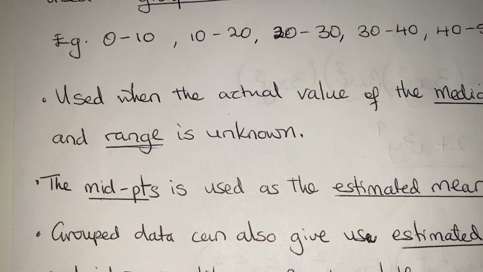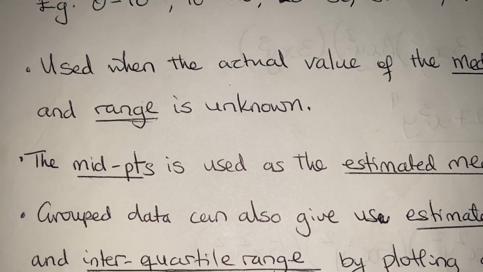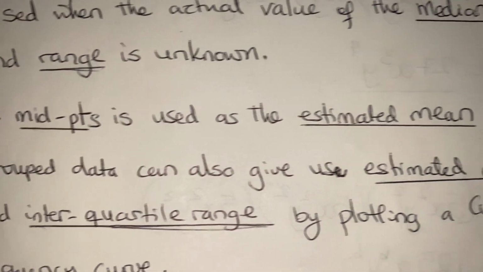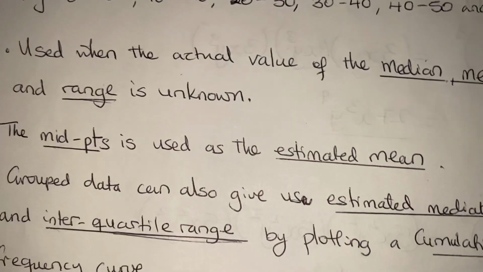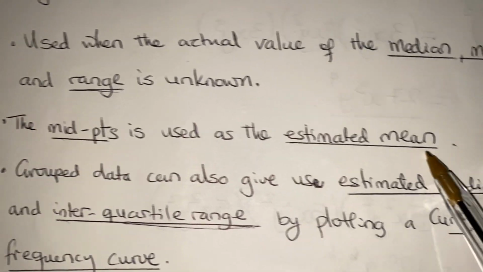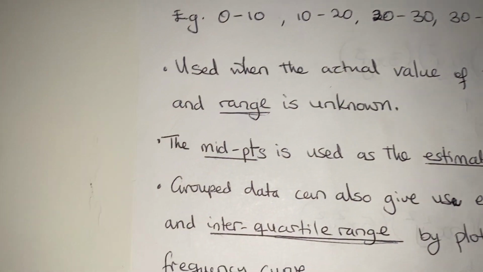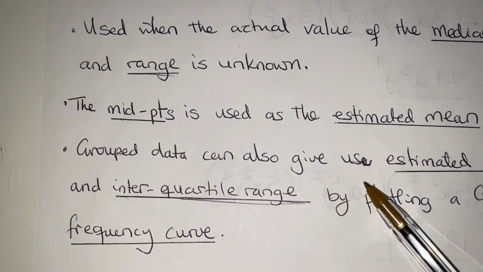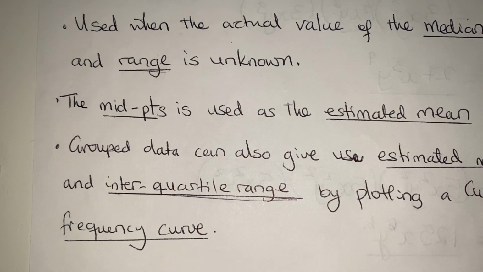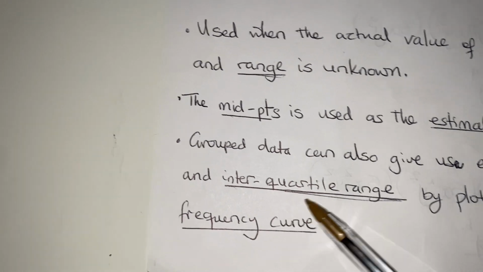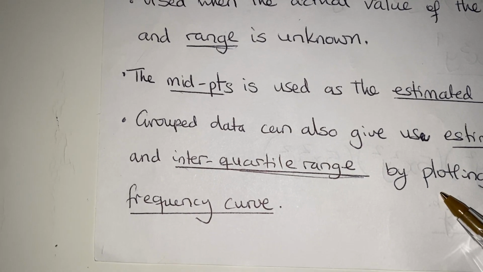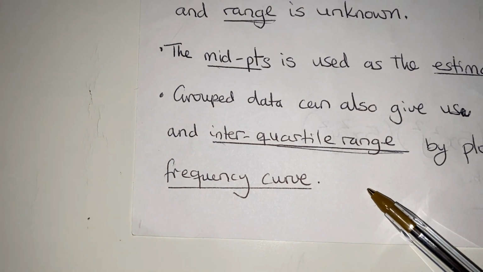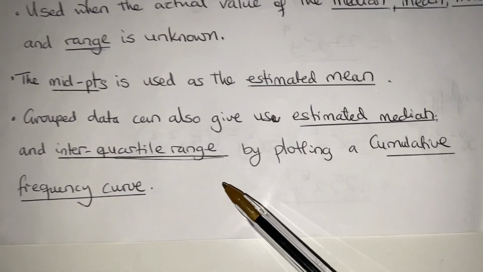The midpoint is used as the estimated mean. Okay, we are here now. Grouped data can also give us the estimated median and the interquartile range by plotting a cumulative frequency curve.